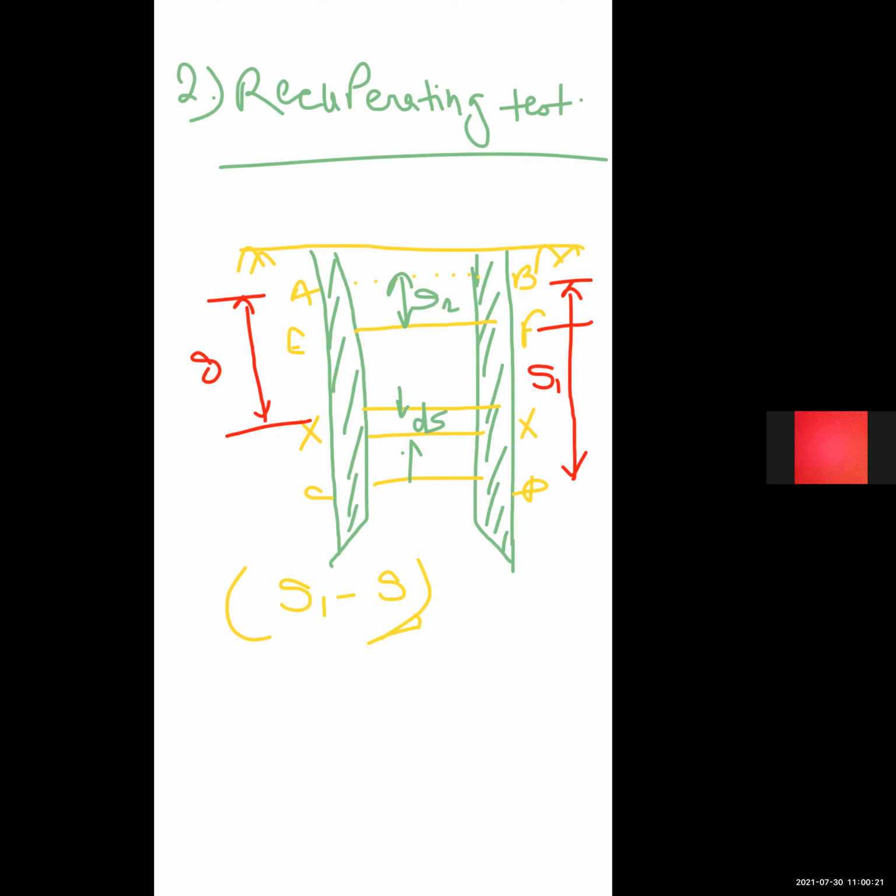So the volume of water entering the well in a small interval dt is dV equal to A into ds. A is the cross-sectional area of the well at the bottom, and ds is the depth.